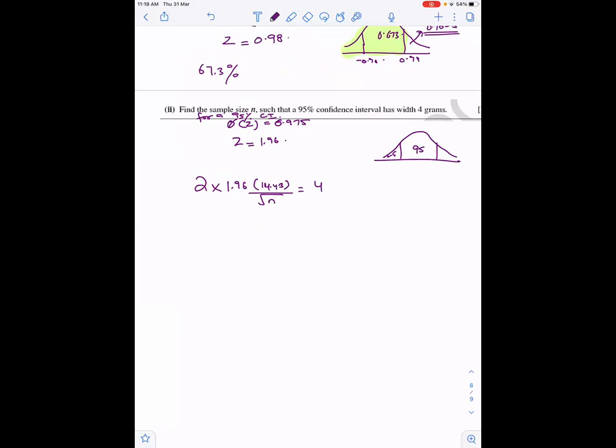So 2 into 1.96 into 14.43 is 56.5, divided by 4 gives 14.14. Square root of n equals 14.14. Squaring this gives 199.9. So n equals 200 is the answer for the second part.